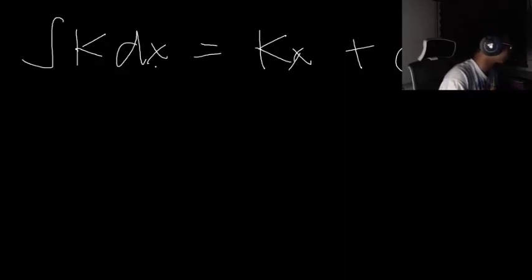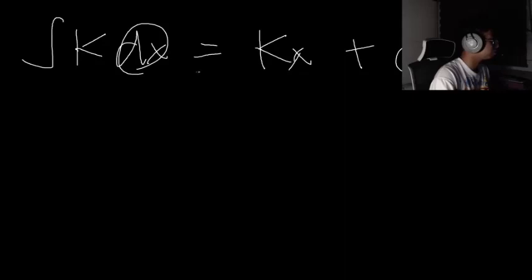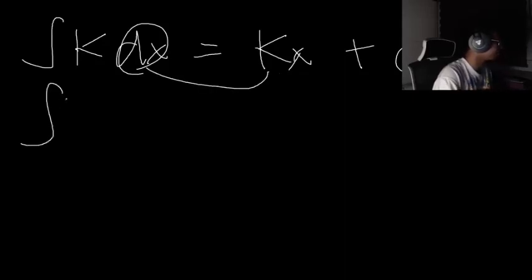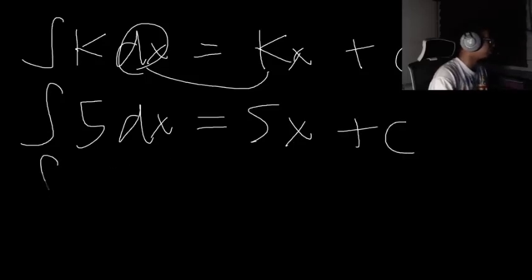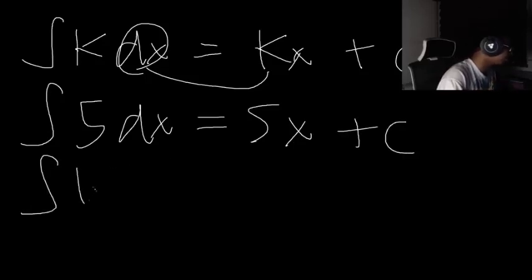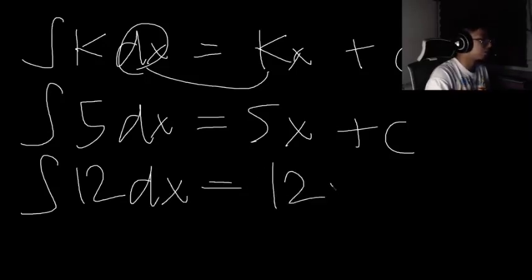So always remember that the variable of integration is always here. So based on what you see here, you have to add it here. Now, for example, the integral of 5 dx is equal to 5x plus c. And for example, 12 dx is equal to 12x plus c.